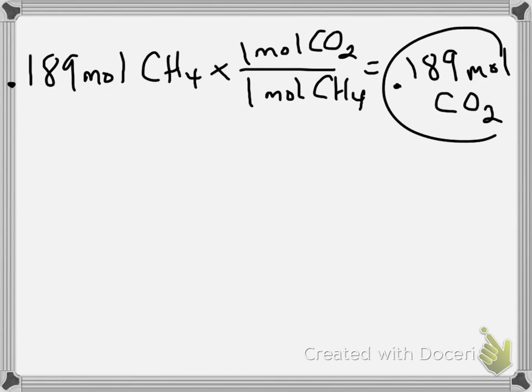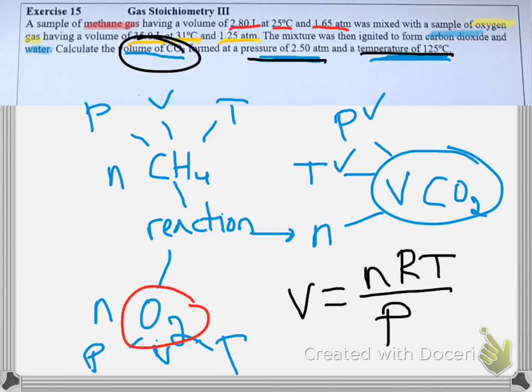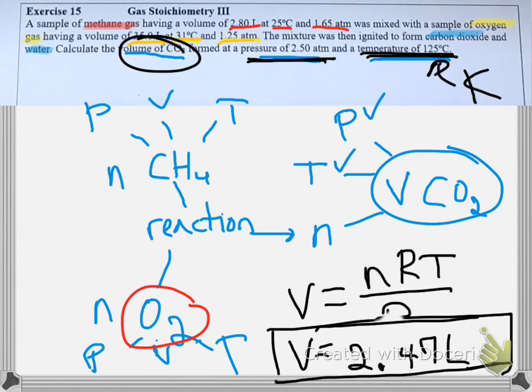We have 0.189 moles of carbon dioxide, 2.5 atm for the pressure, and 125 degrees Celsius. Whenever you're doing ideal gas law, make sure you convert your Celsius into Kelvin. Go ahead and pause the video, plug in all your numbers, and hopefully your answer matches mine. I got 2.47 liters, and that is the volume of carbon dioxide.